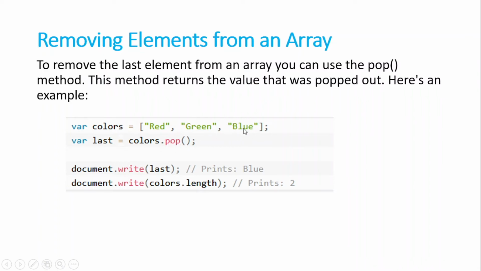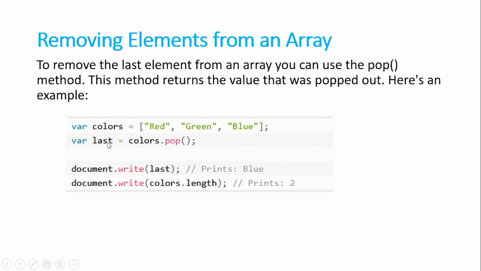It will remove this blue, and then we are storing that blue inside this last. I'm not recommending you to store that. If it is needed, if you want to know which element was removed, you want to log that out, then in that case you can actually use this method or store it in a separate variable.